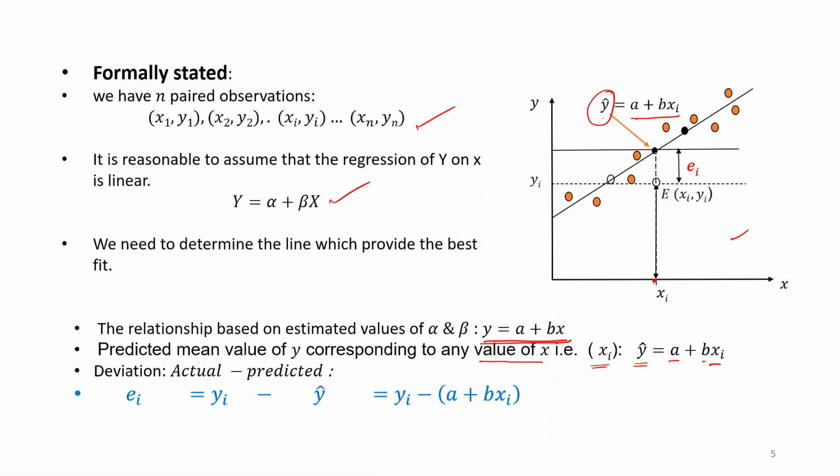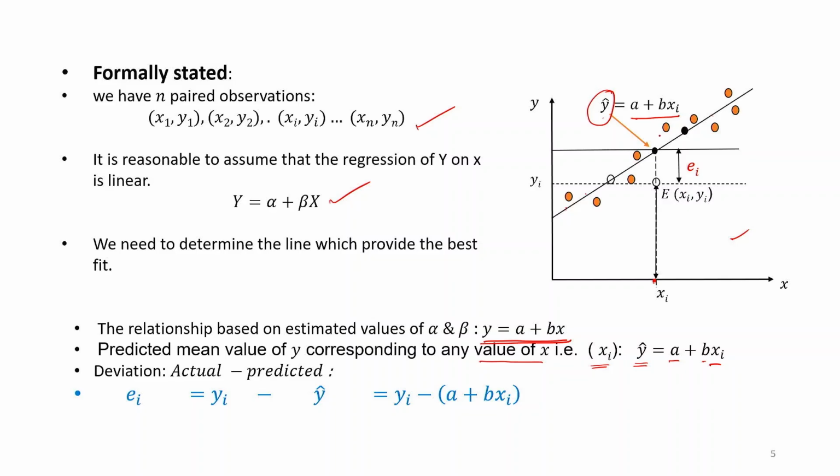So y hat is here, and the actual data point is not that. All estimated values of y will fall on this straight line, and this straight line is the regression line. On this line, if I take any other value of x at any point, the estimated point will appear on the straight line only.